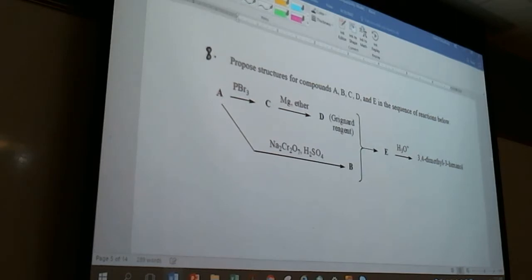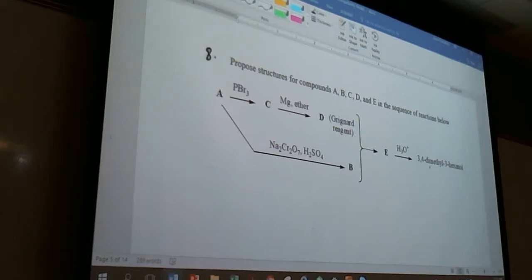So this is a more synthetic problem in which I'm telling you what is the product, and I'm telling you reagents, and asking for what the substrates are at each step.